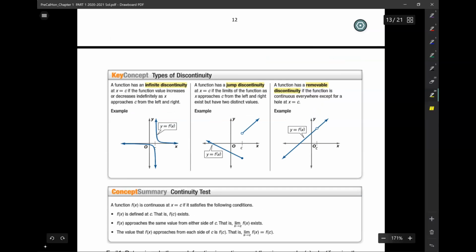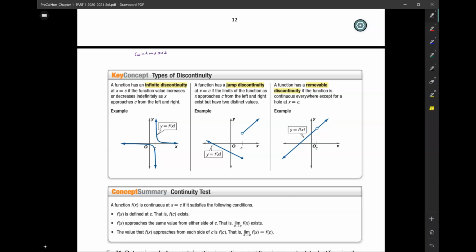So we say a graph is continuous when you can trace it from beginning to end without ever having to remove your pencil from your paper. All right? So anytime there is a gap where you have to remove your pencil, there is a discontinuity.